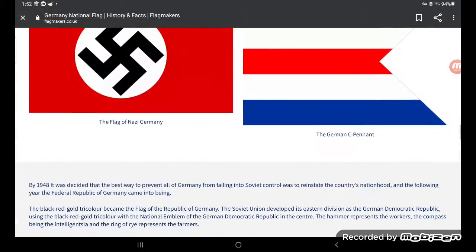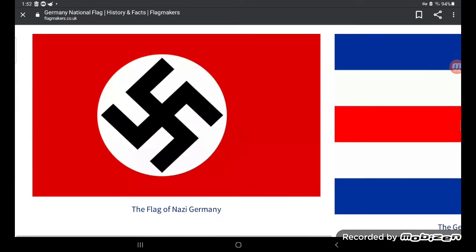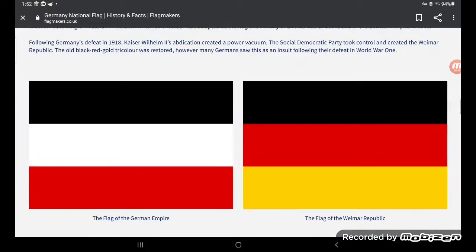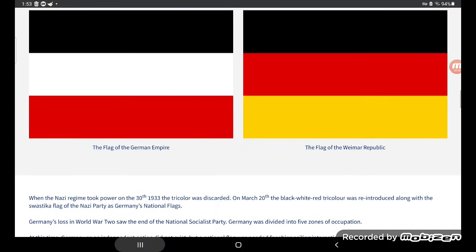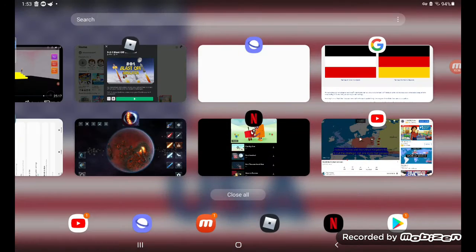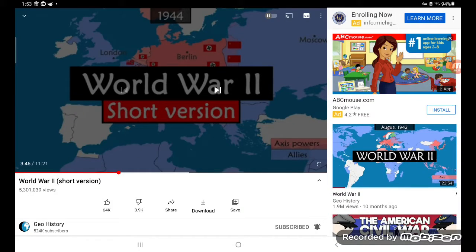See, it's this one. This one, Nazi. It's not like this. This is from World War I. I can't believe it. That was a trick. That is not the correct flag.